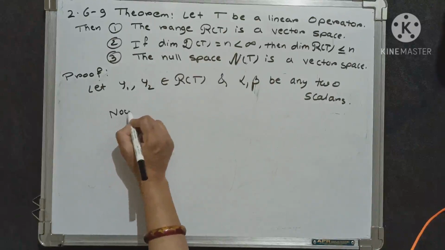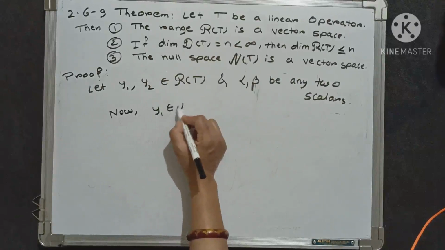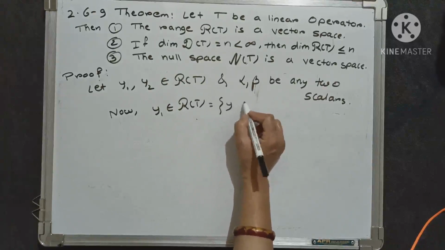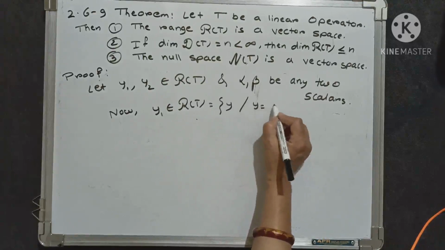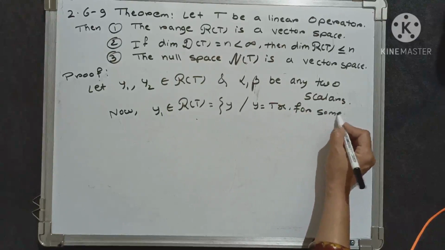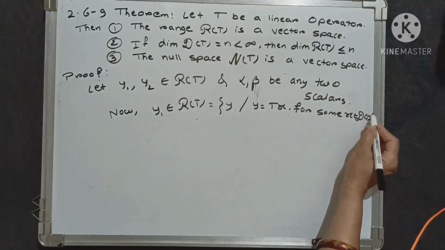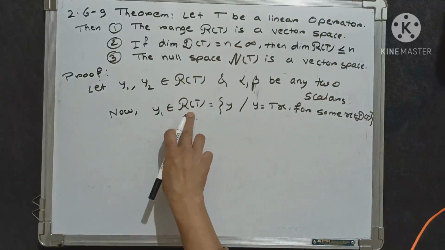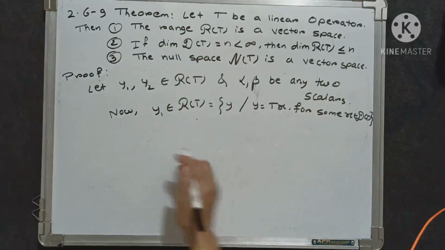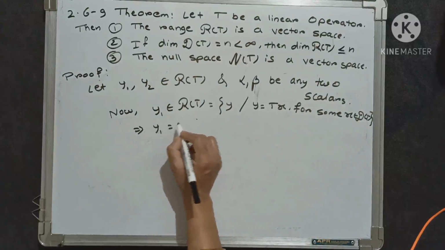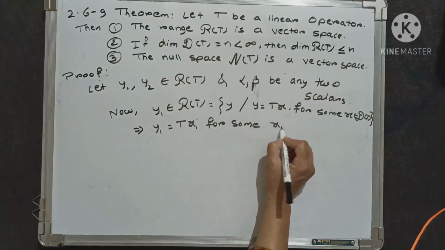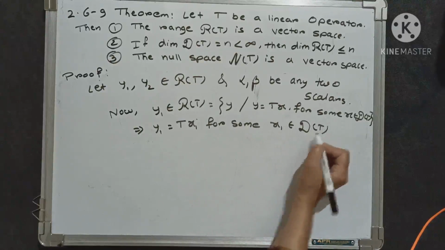Now y1 is an element of the range set script R of T, and the range set is the set of all y such that y is the image of some x belonging to the domain, script D of T. As y1 belongs to the range set, it implies that y1 equals Tx1 for some x1 belonging to the domain script D of T.